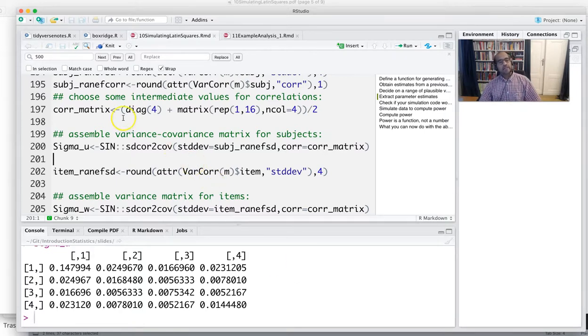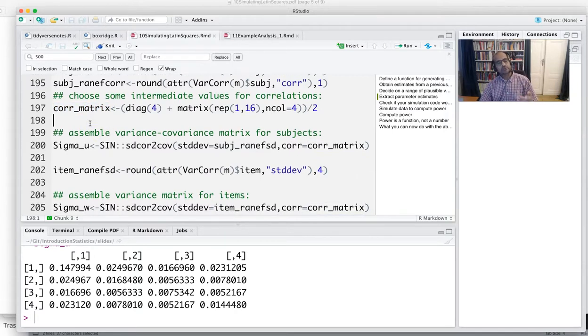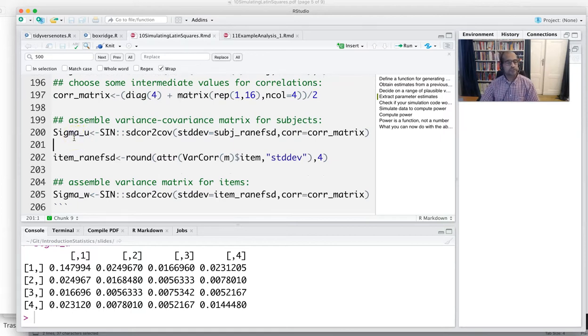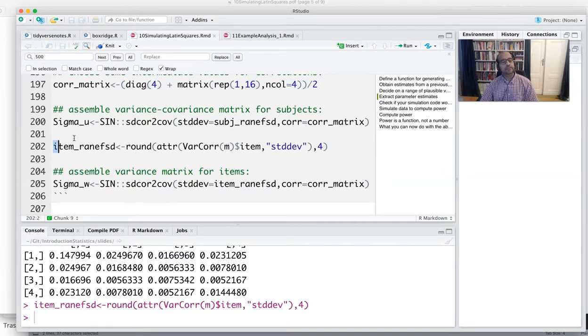So I have managed to now produce a variance covariance matrix, even though possibly I had some problems in the correlation matrix. I chose some intermediate values and I produced the covariance matrix for subjects, and I'm going to do the same thing for items now. I take the items random effects, so that's these numbers here.